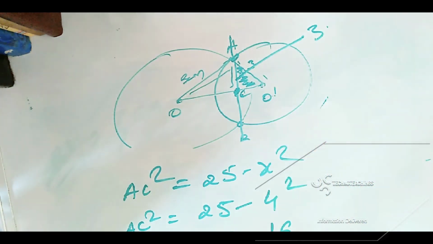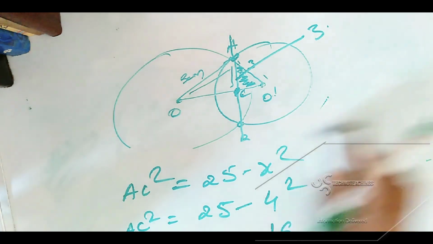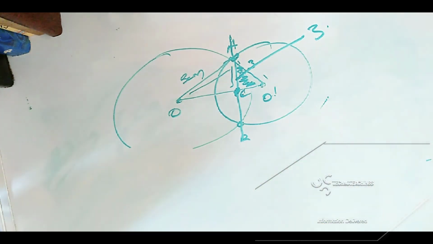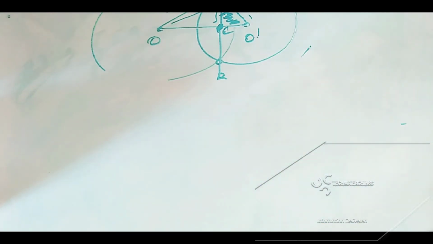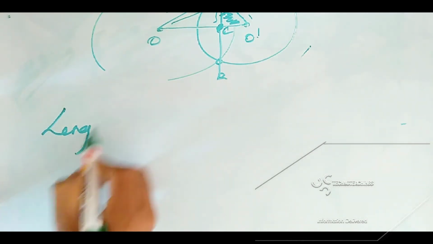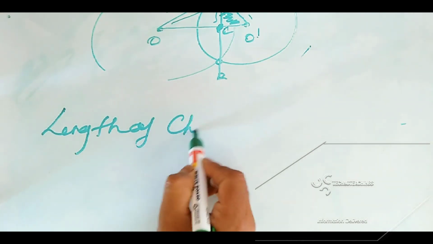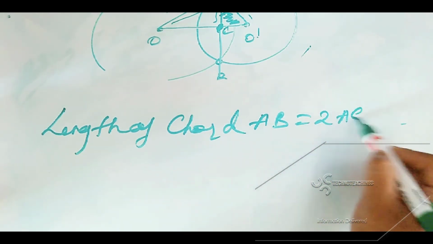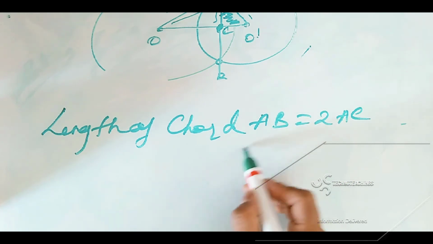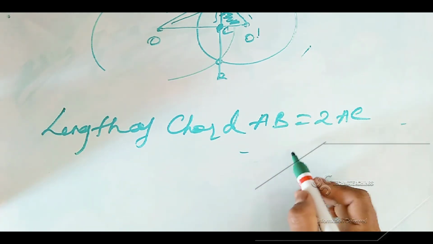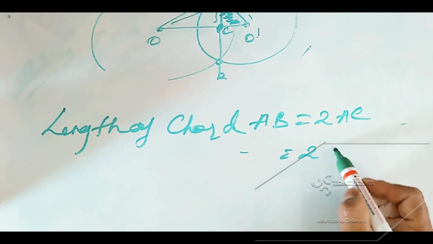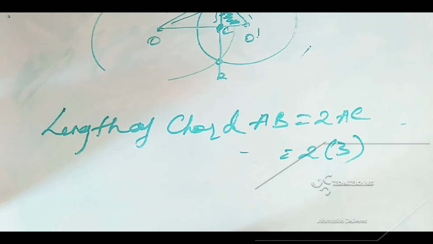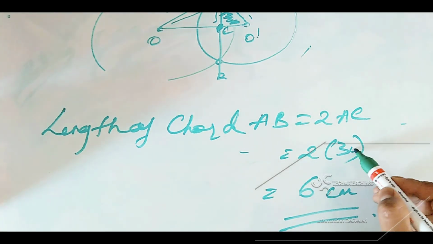So 3 plus 3 is 6, or we can write in the proper way, the length of the chord equals 2 AC, equals 2 into AC, as 3 centimeters.